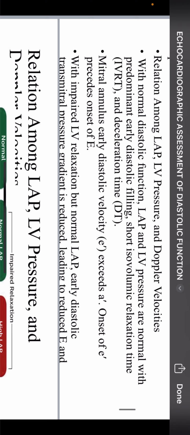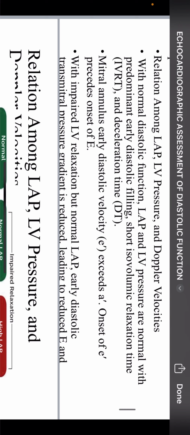Onset of E prime precedes onset of A. After filling, E wave, filling should come first because the pressure is already low. The ventricle should not just start expanding. So it measures the myocardial movement because of expansion.